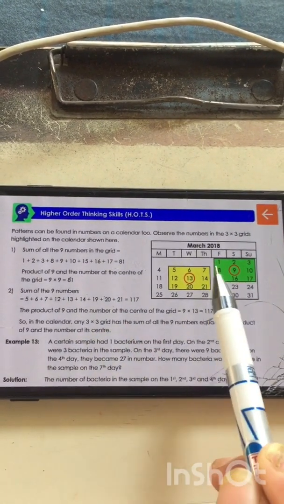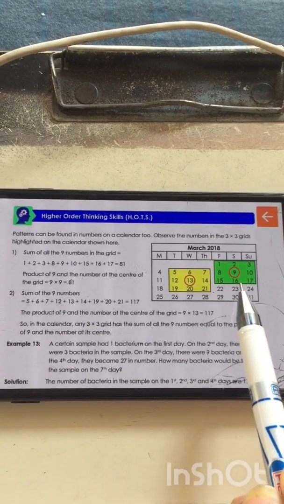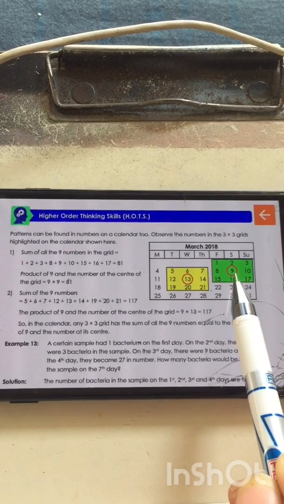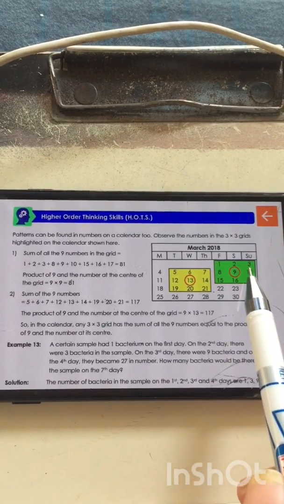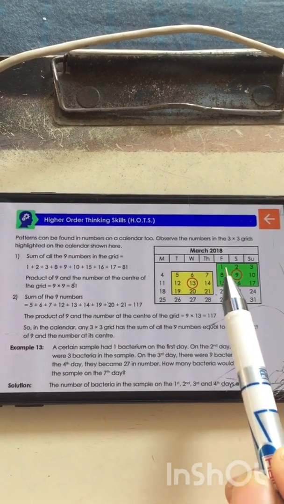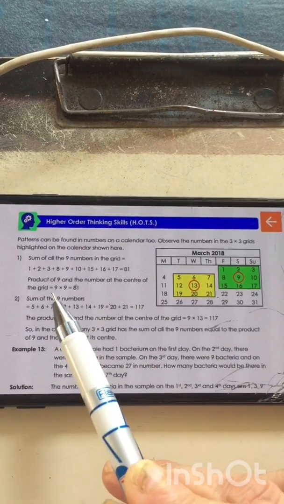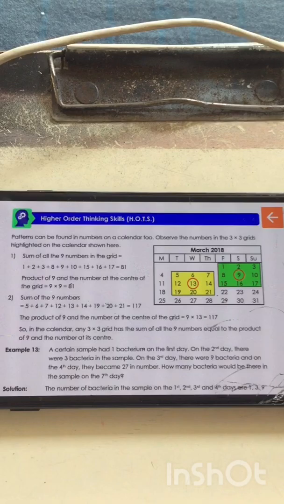So adding all the numbers, and the product of the center number into the number of numbers in this grid, 3 into 3, that is 9. So 9 into 9 is 81.